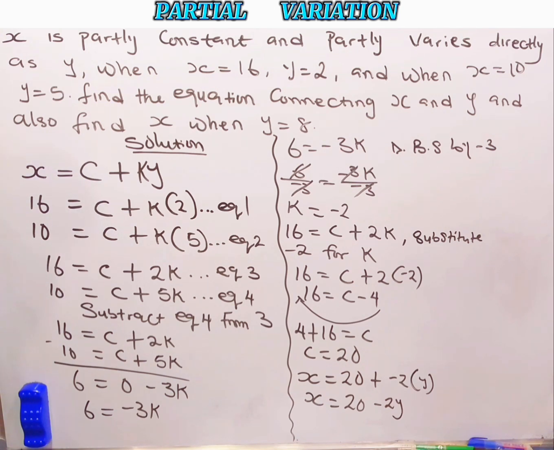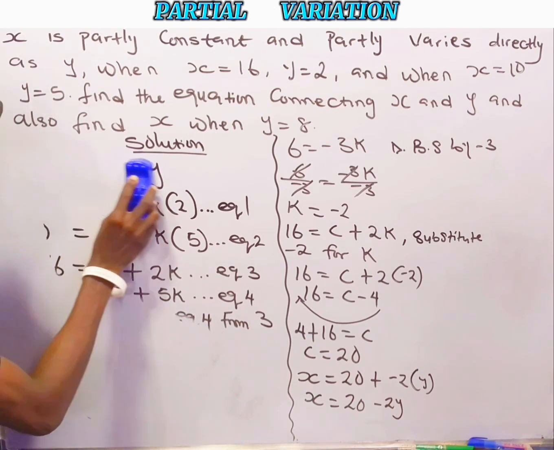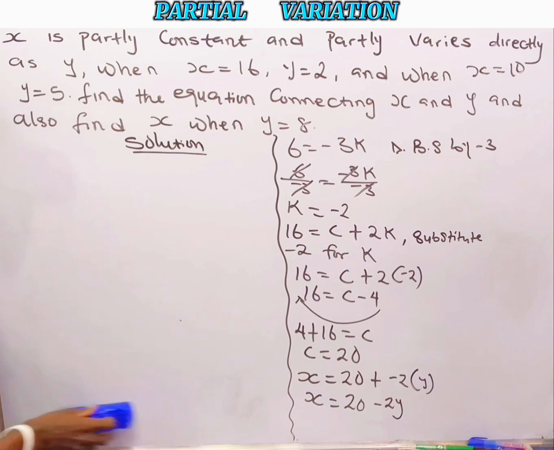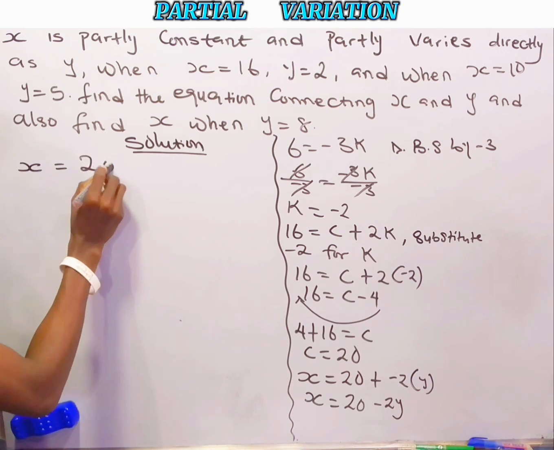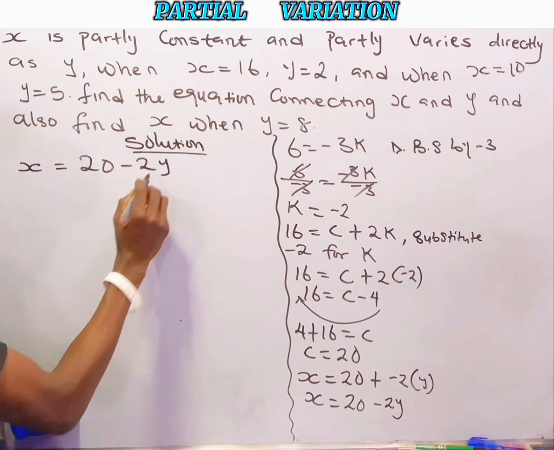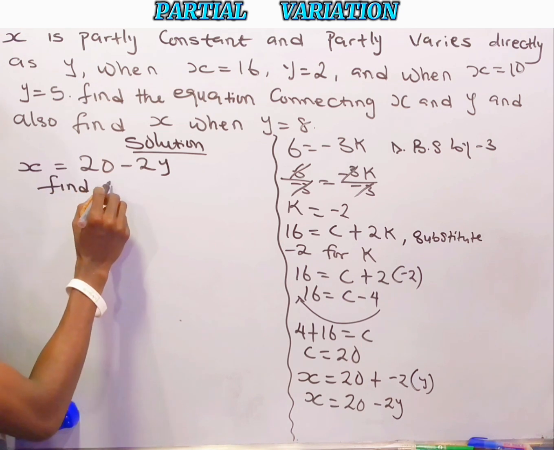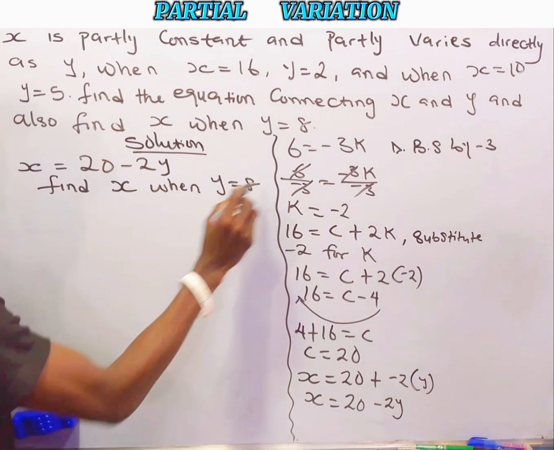Now, let's find the value of x when y is equal to 8. From this equation, which is x equals 20 minus 2y, let's find x when y is 8.